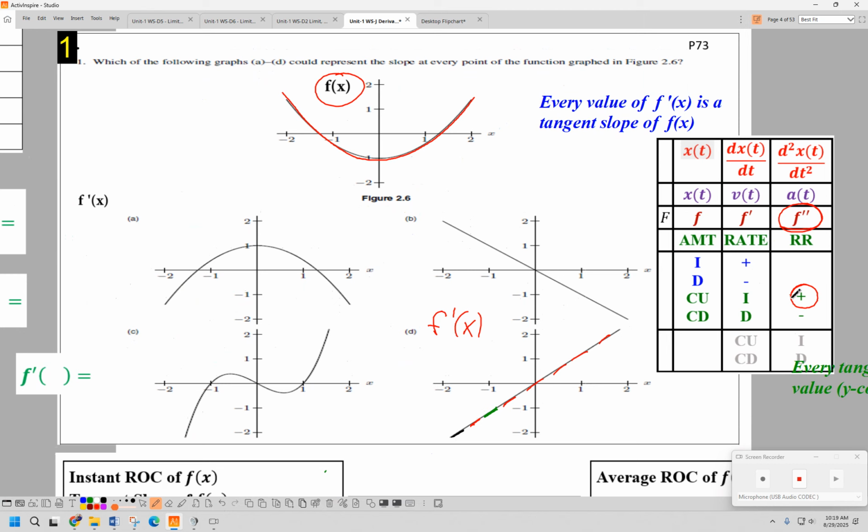Because every one of these slopes has a positive value, our graph of f double prime is definitely going to be a graph where every y coordinate has a positive value. That's consistent with Danica's chart. Questions?